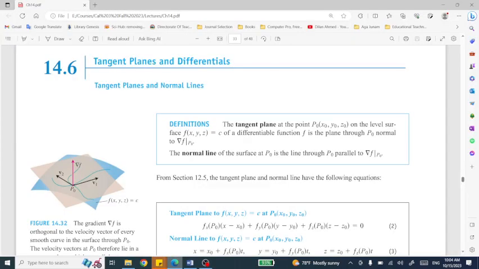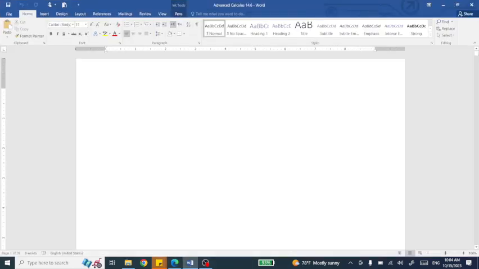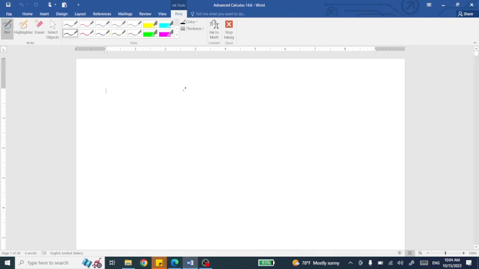Today we are going to talk about another topic in chapter 14 in your Thomas Calculus book. It is about the tangent plane. You know, in Calculus 1, we talk about function.